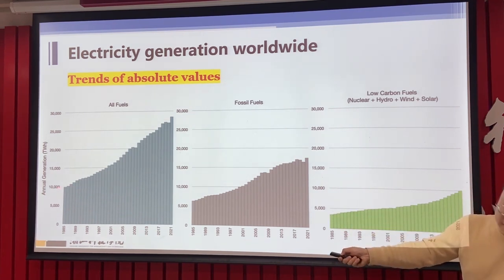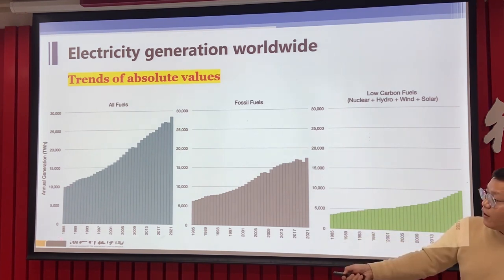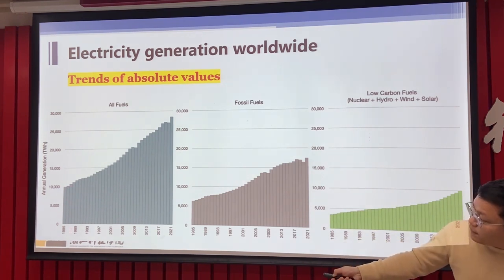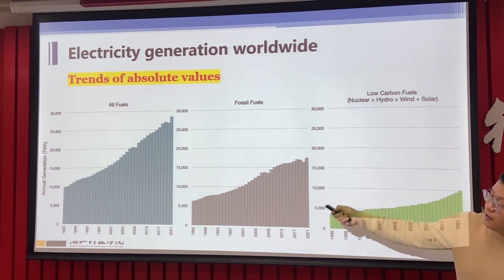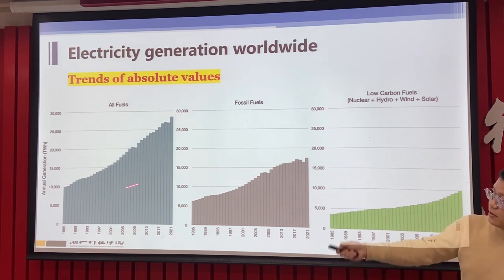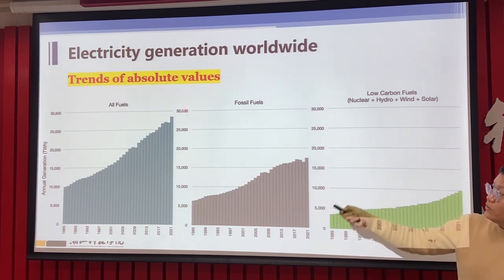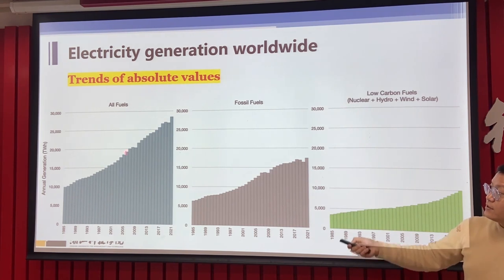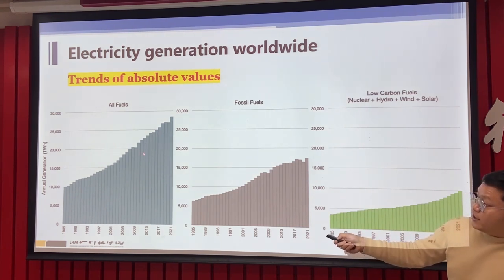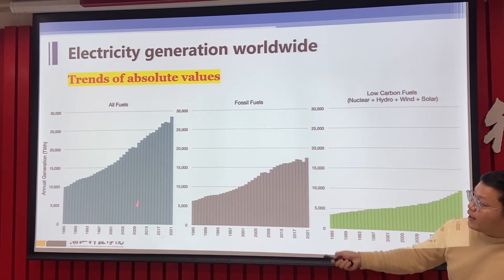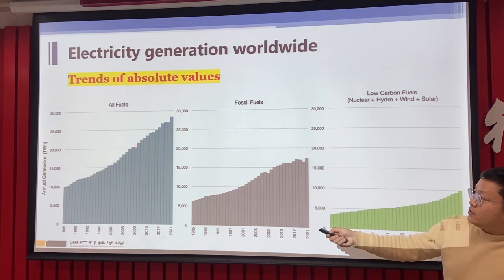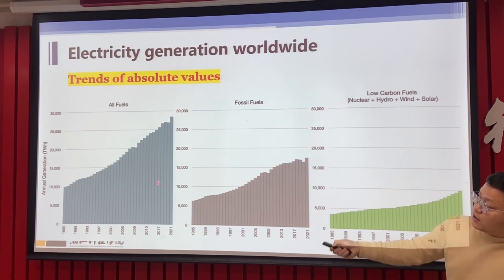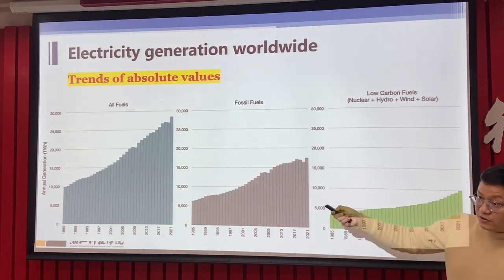It's the total electricity generation from 1985 to 2021. We can see an increasing trend of the total amount of electricity generation. But as we mentioned previously, in 2009 and in 2020, we have a slight decline of electricity generation due to the financial crisis and also due to the pandemic of the virus.